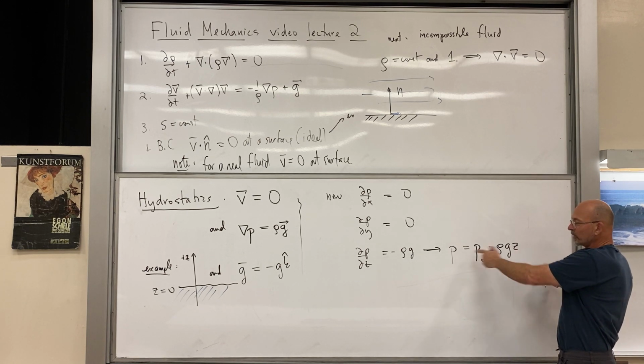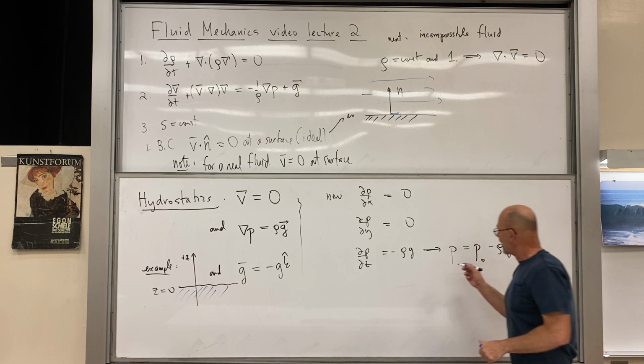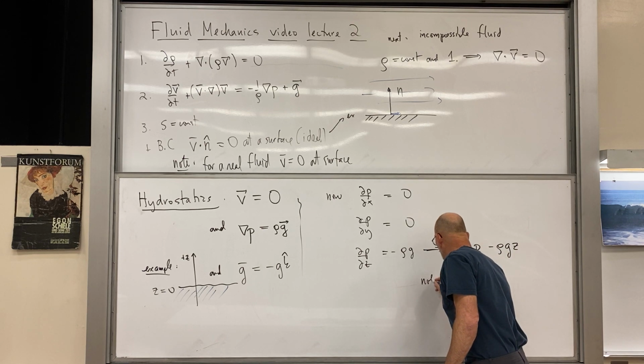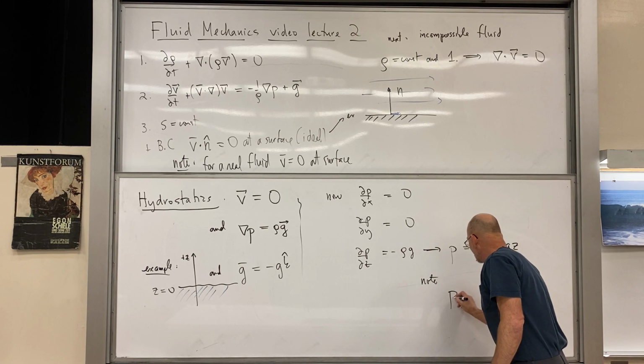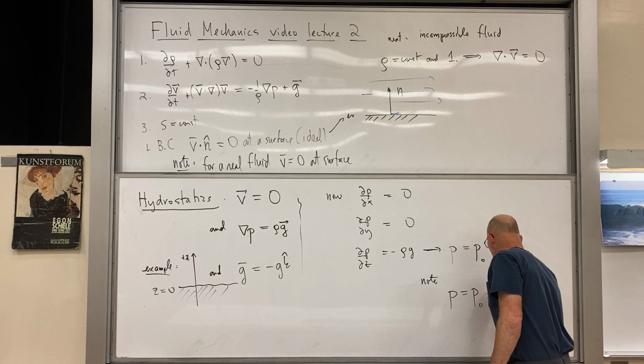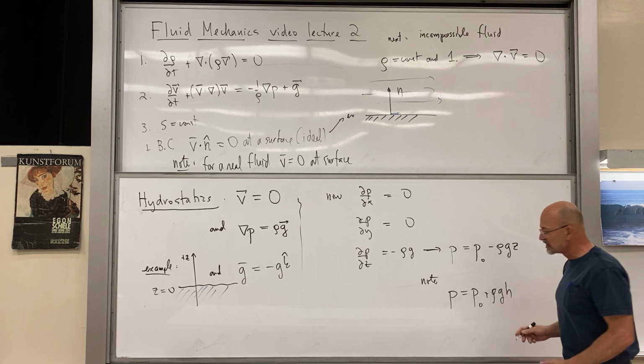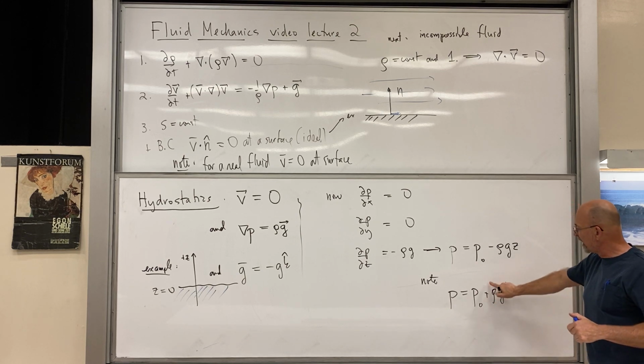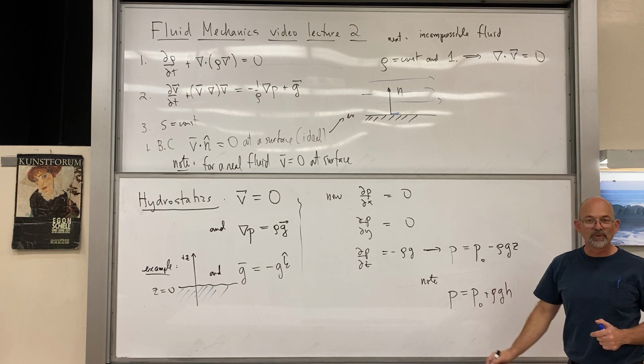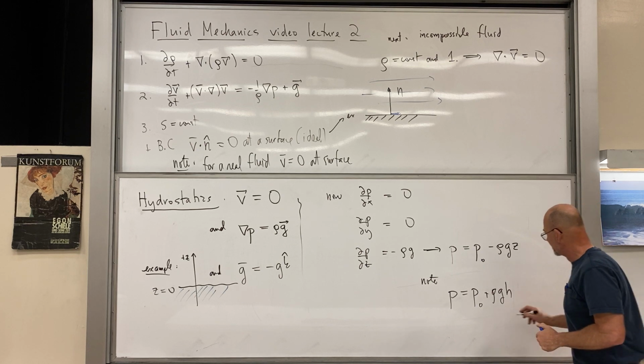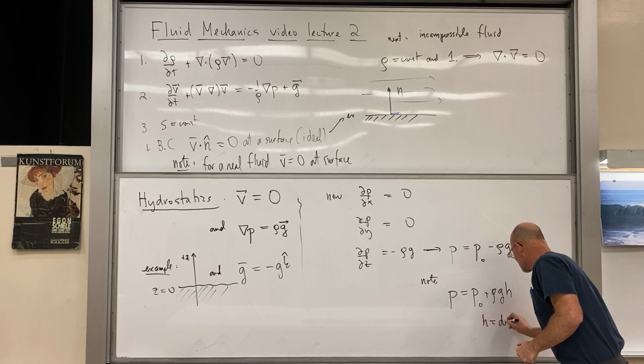Z equals 0 would be at the atmospheric pressure. I'm just going to put here, we can also write P equals P0 plus rho gh, where h measures the depth. This is the way it is in our lower division textbooks often, okay? h is equal to the depth.